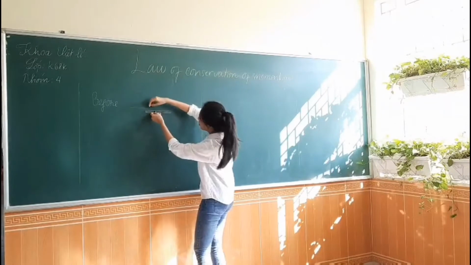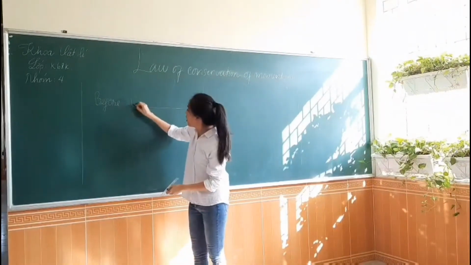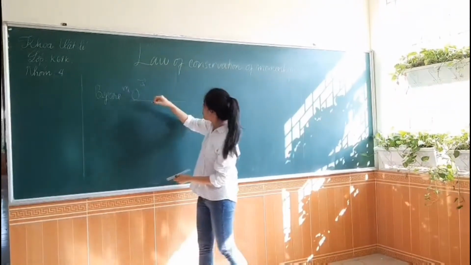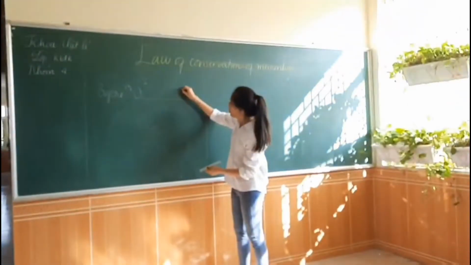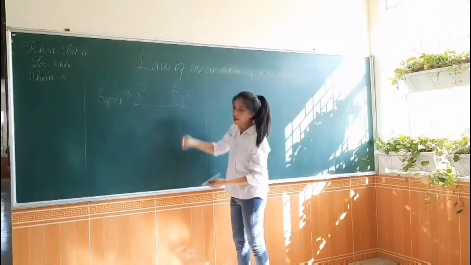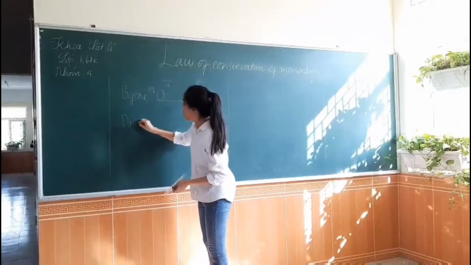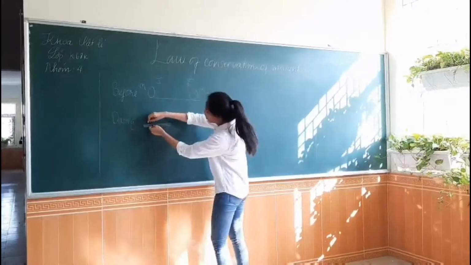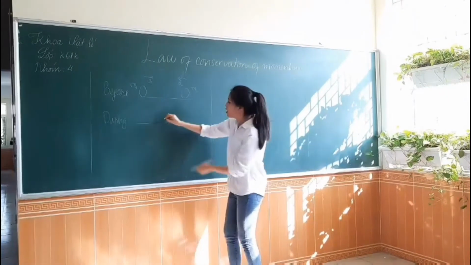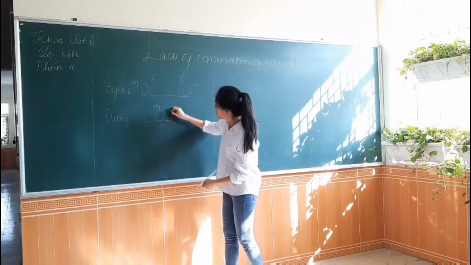We have M1 here with velocity v1 in this direction, and M2 here with velocity v2 in this direction. During the collision, we have this, like that, M1 here and M2 here.